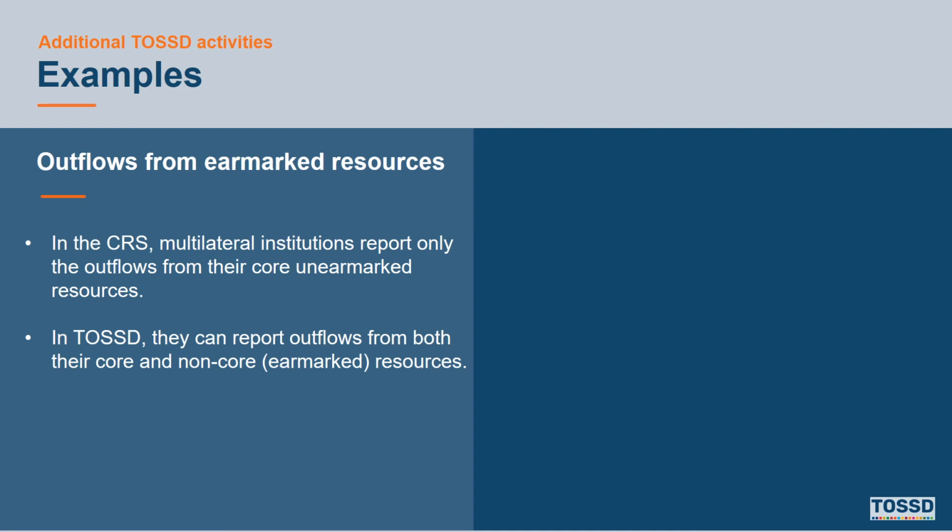This is because the non-core resources are reported directly by donor countries. However, in TOSSD, multilateral institutions can report outflows from both their core and non-core resources. This means that the non-core resources are additional activities that multilateral institutions report in TOSSD.